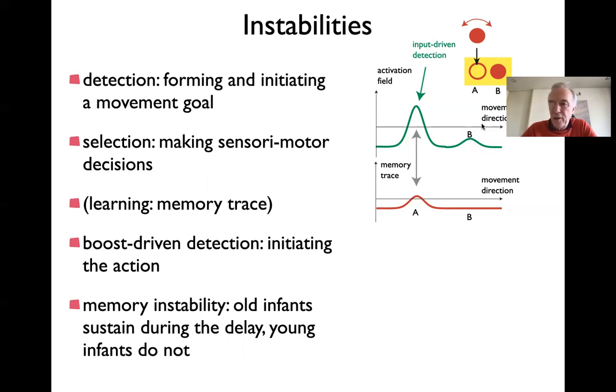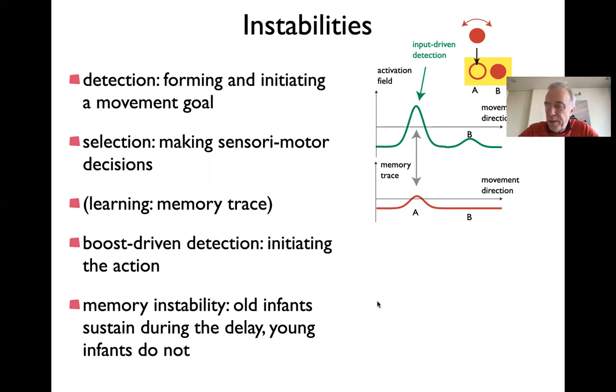Even though there is a little task input here, you don't generate a peak there. And while you do that, you might be laying down a memory trace, which would make it easier to induce the same peak again. And then there would be boost-driven detection when you put it into the reaching space, and that could induce a peak, or if there was already a peak, it would just stabilize that peak.